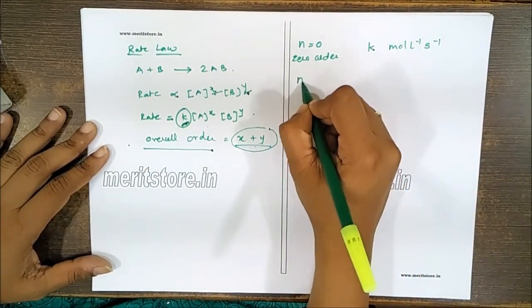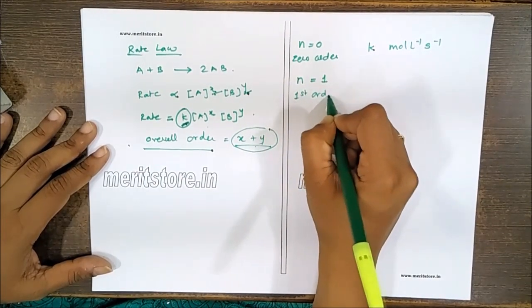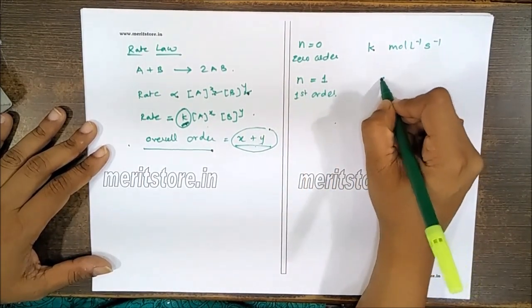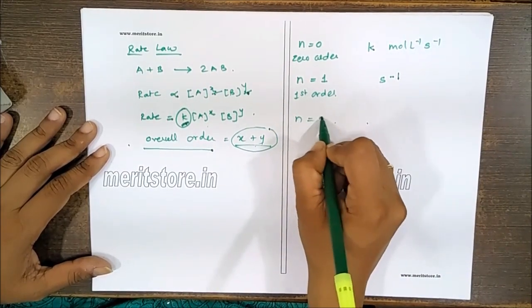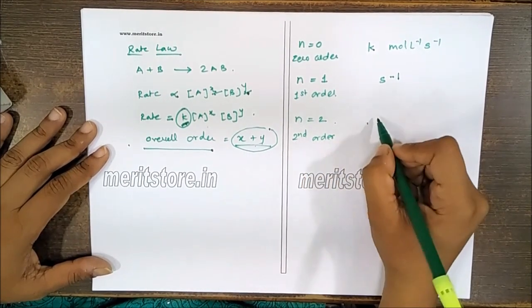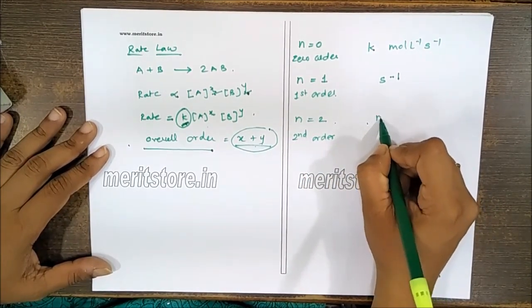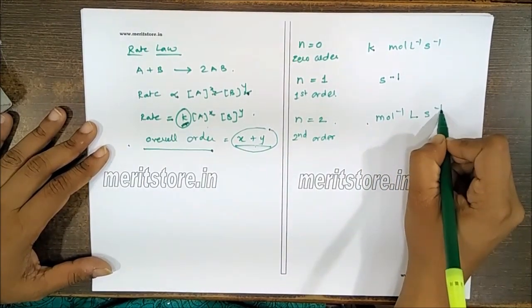If N is equal to 1, this is a first order reaction, then K has unit second inverse. If N is equal to 2, then it is a second order reaction, and K has unit mole inverse liter per second.